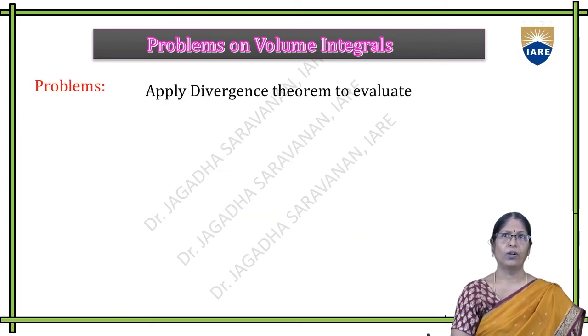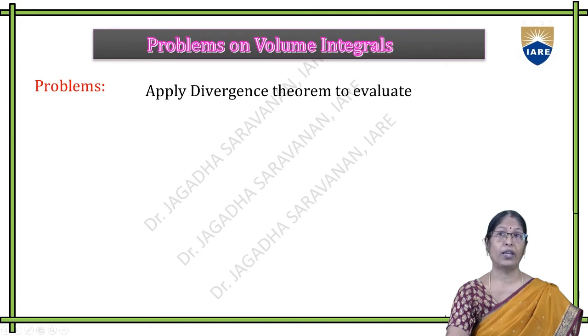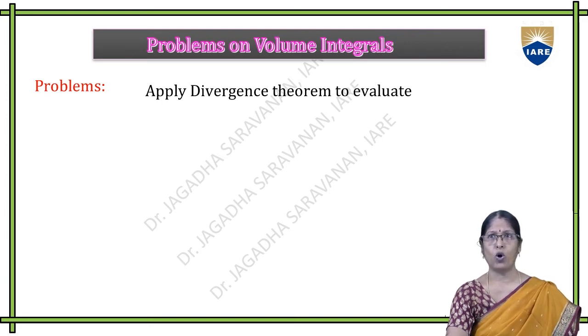So now, this volume integral, we know it, the divergence theorem: the surface integral of F dot n ds is equal to the volume integral of divergence F dv. So the volume integral, which is equal to the surface integral, that is the divergence theorem, in which our volume integral is playing the role.